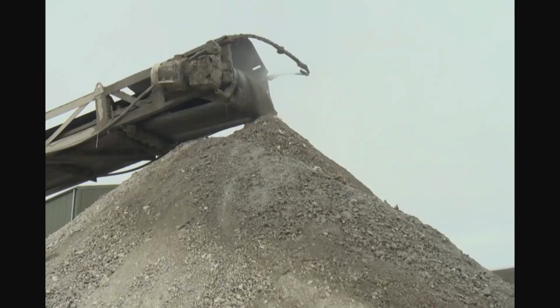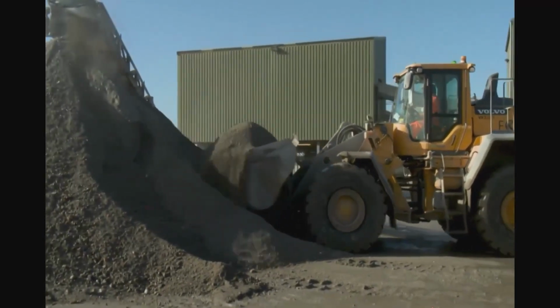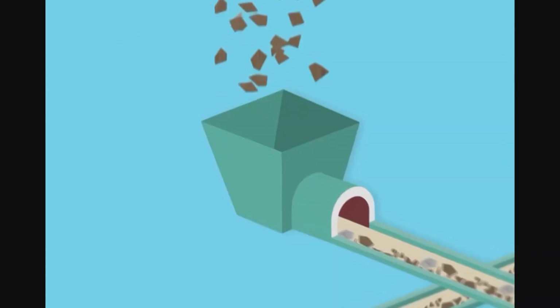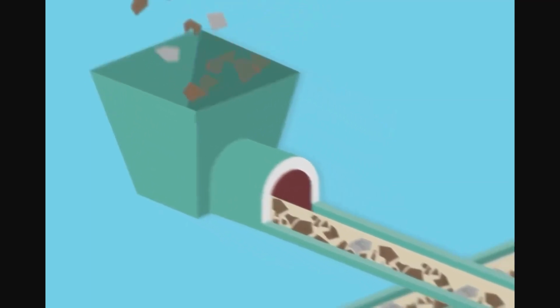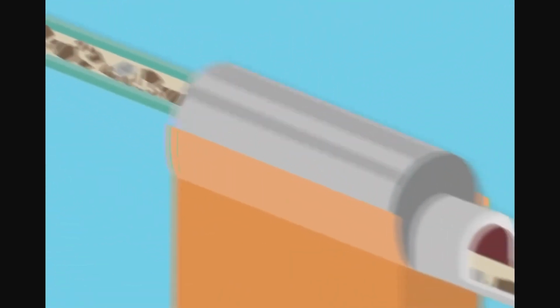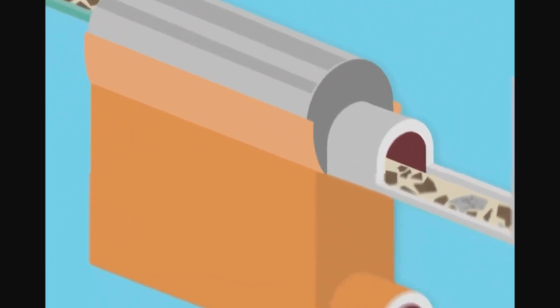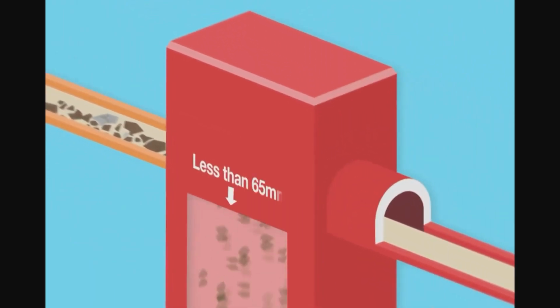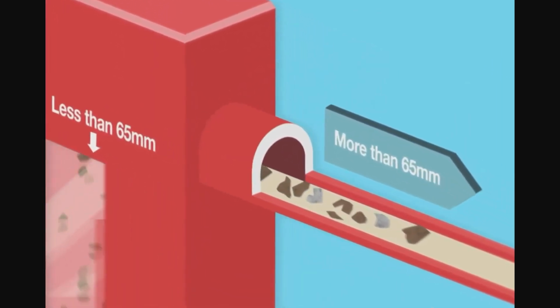So, the major objective of using this bottom ash is for aggregate purposes. So, they are feeding it into the separation process. You can see here, these are the different screens. You can see the different target sizes. The material less than 65 mm is getting separated from the material more than 65 mm.